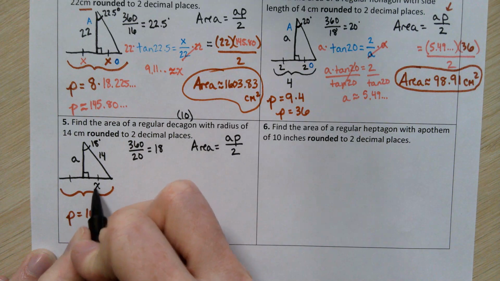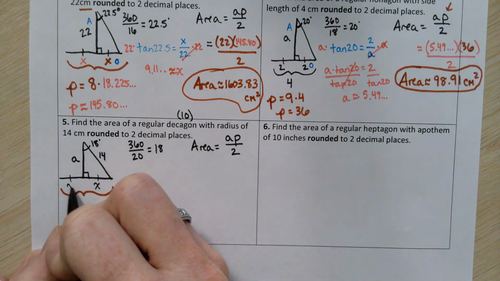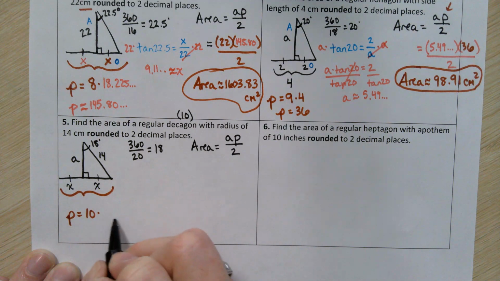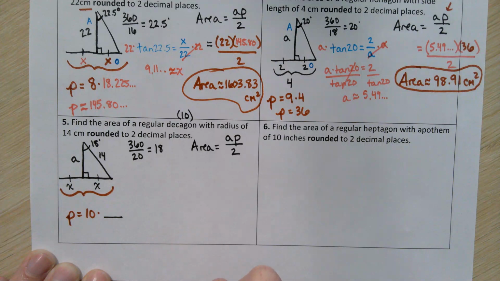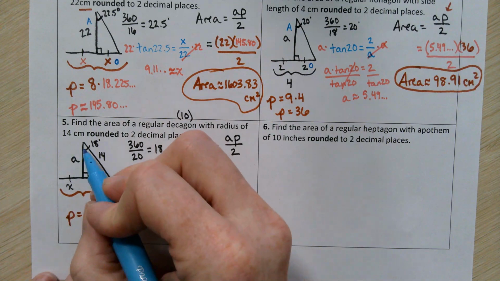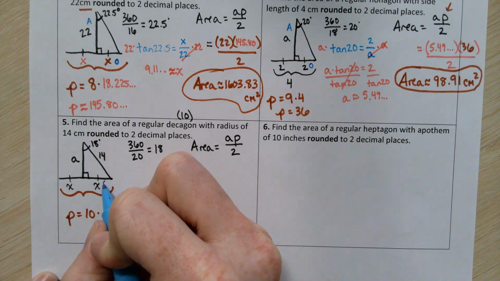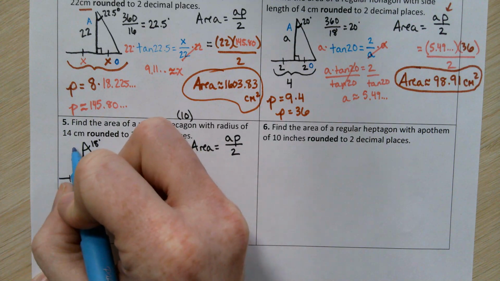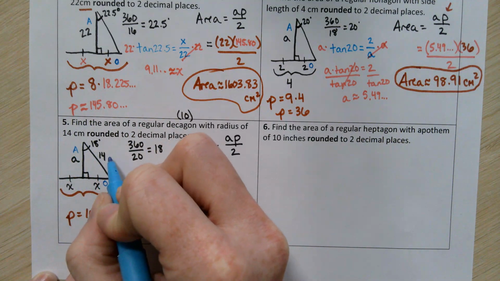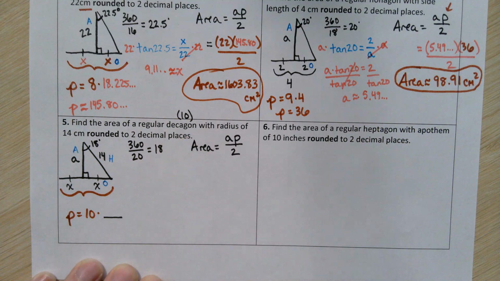So I'm going to need to find that x, which will match this, which will then be used as that side length that I'm using. On top of that, I don't have the a. So there are 2 missing things in this problem. With a reference angle of 18, this would be opposite, this would be adjacent, and across from the 90, for the first time on this page, I have the hypotenuse. So we're going to have to deal with one problem at a time.